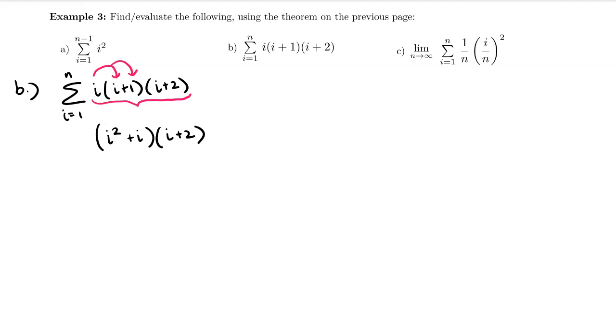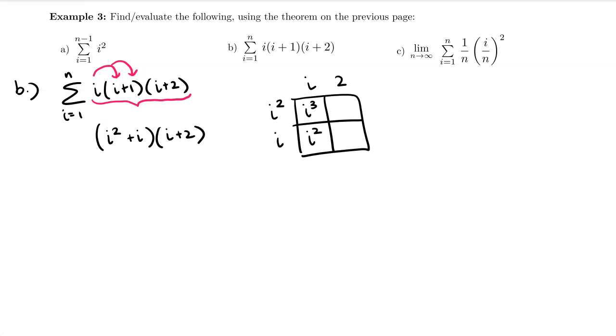Now, you can FOIL or however you want to multiply it. I like the box method. So on the left side, I'll put I squared and I. On the top, I'll put I and 2. This is essentially just foiling, but it's a way that we can organize the terms that we're multiplying together. In my top left corner of my box, I squared times I is I cubed.